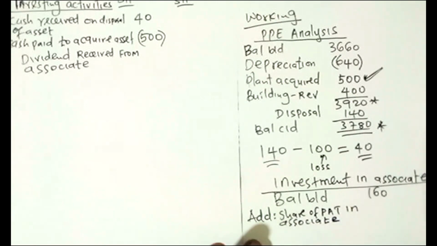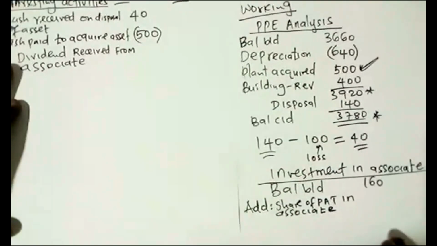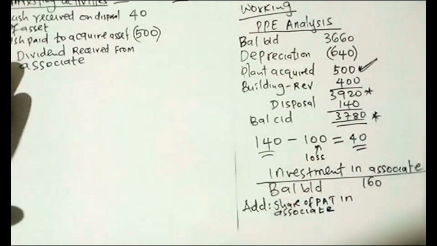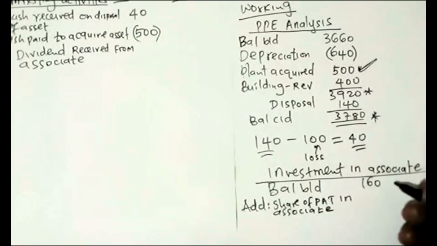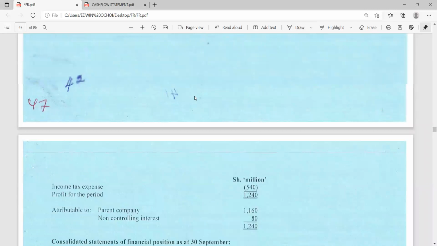The share of profit after tax in associate. Remember that if the parent invested in an associate at the start of the year at 160, he has received an additional income from that associate, from the investment he made in that associate company.